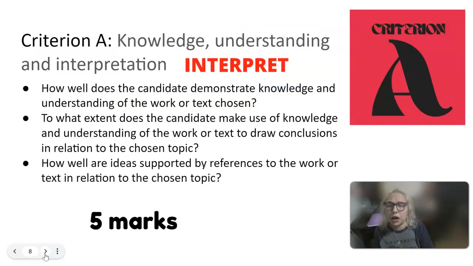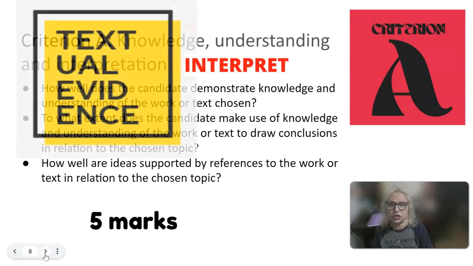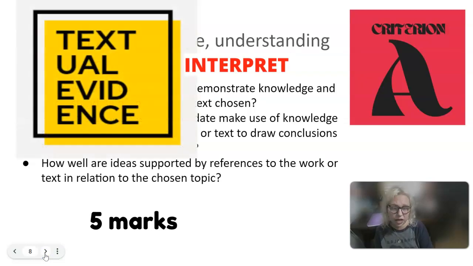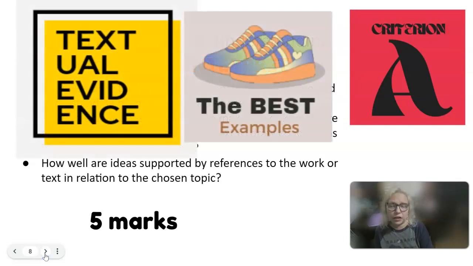The last bullet point, how well are ideas supported by references to the work or text in relation to the chosen topic? So this is all about the textual evidence, and that you've got it over and over and over and over, supporting every claim you make. And not just the example that we talked the most about in class, but the best examples.